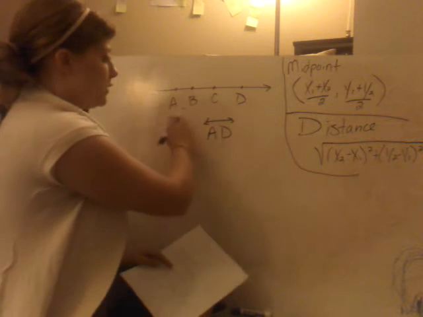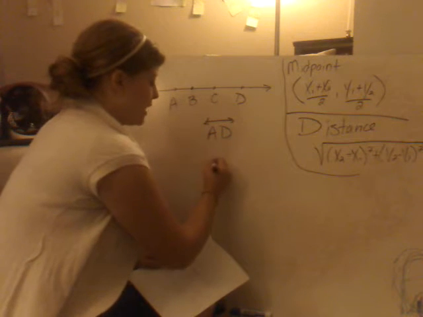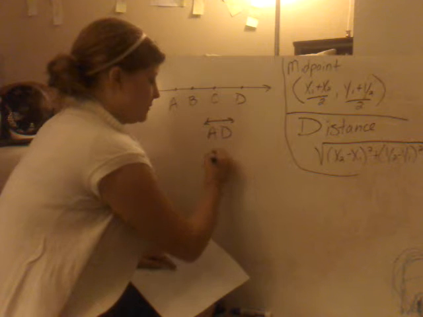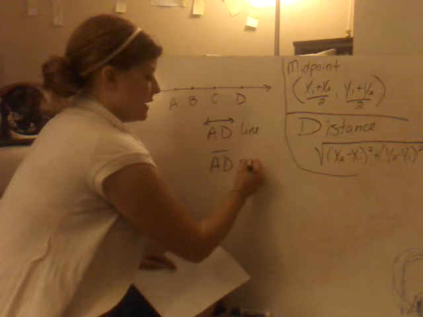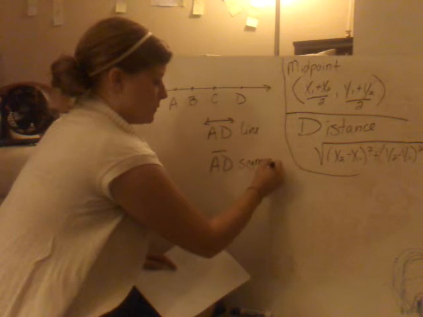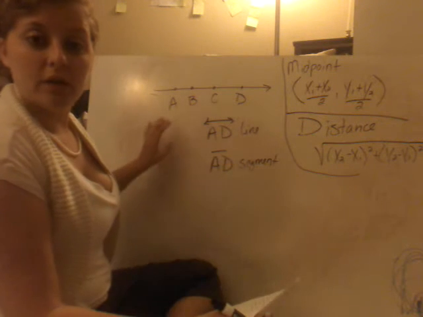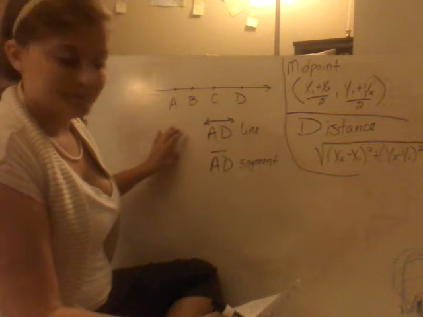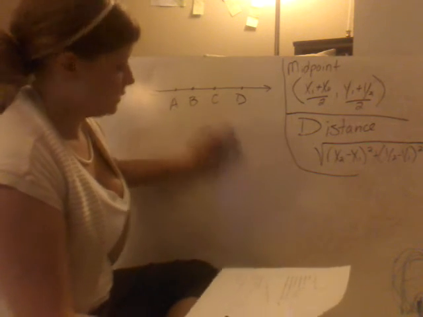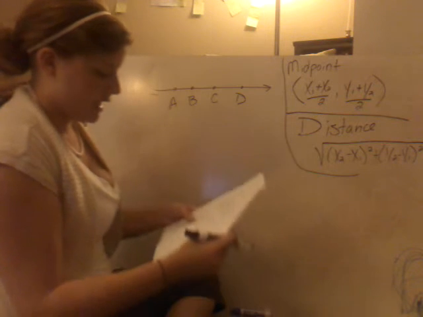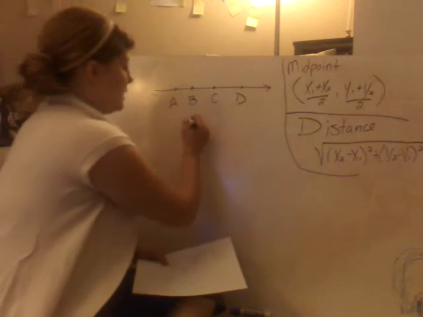A segment, if I wanted to write AD as a segment, this is a line segment. It's very important that you know the difference between these two. Next, I tell you that AB is equal to BC.